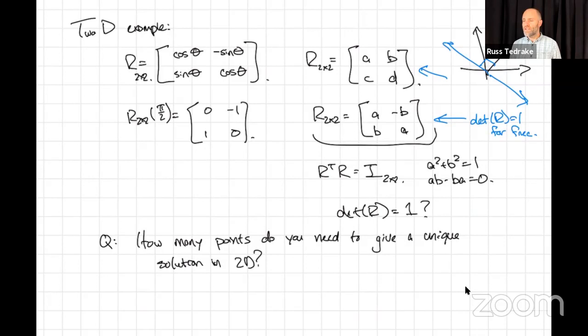Okay, what's the answer to this last one? How many points do you think you need to give a unique solution in 2D? Got my object, got a point. That's not enough. I could clearly rotate around that. So I've got another point. Can you fit that shape? If I have a line segment, can I fit it uniquely in this case?